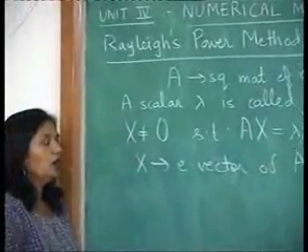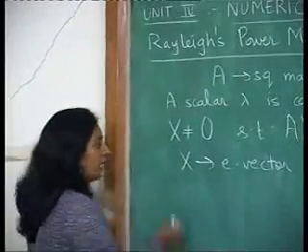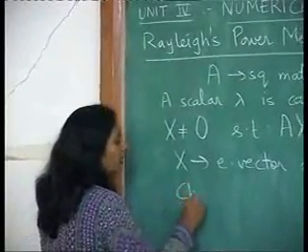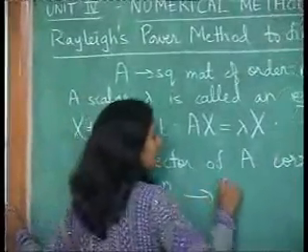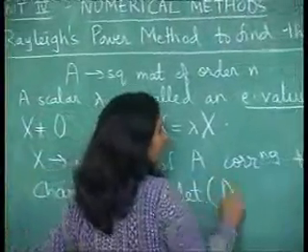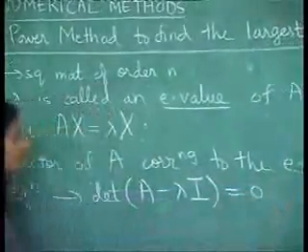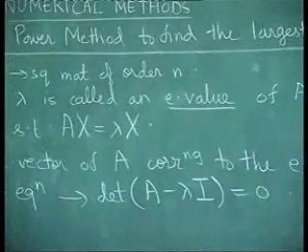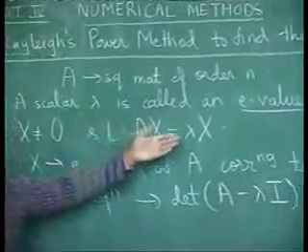Now, if you recall, the simplest way to find the eigenvalues of a matrix is to solve the characteristic equation of the matrix, and the characteristic equation was given by determinant of A minus lambda I equal to 0.